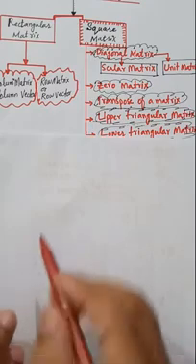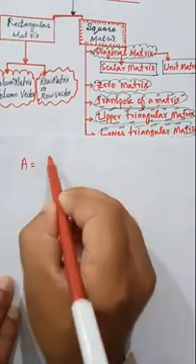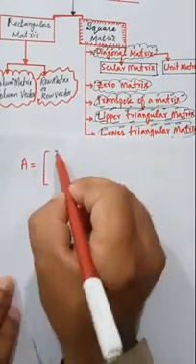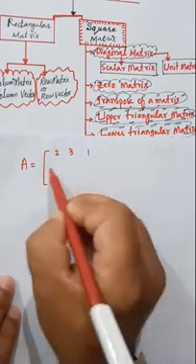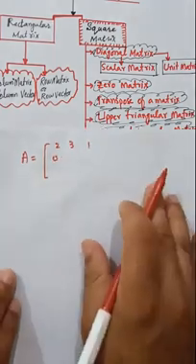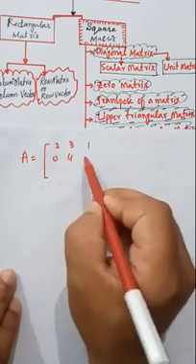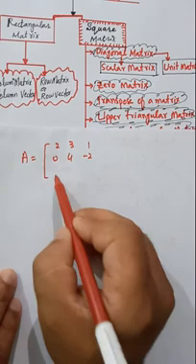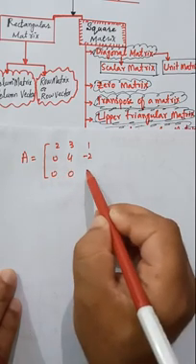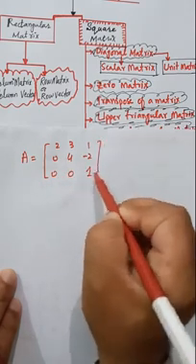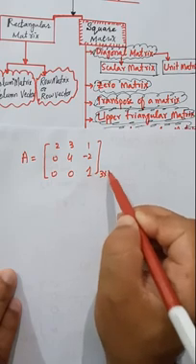So I am considering a square matrix. Let's say this is 2 3 1 0. This is an example of an upper triangular matrix. I will give the definition after discussing this example. So you see that this is a square matrix of order 3.